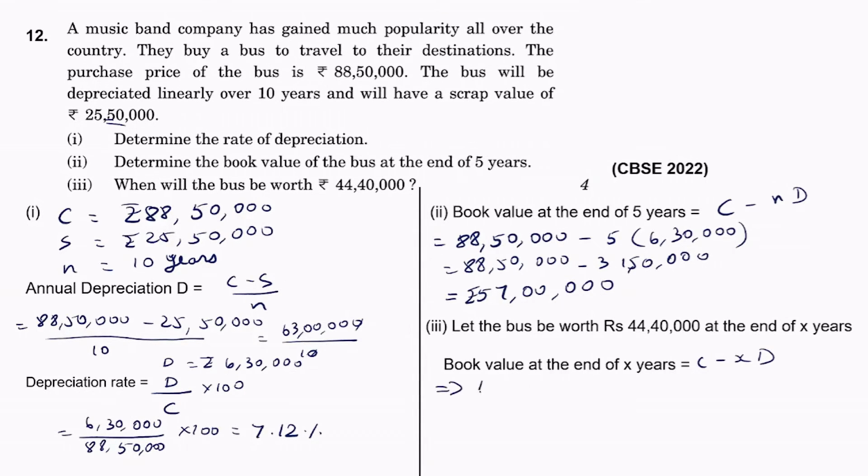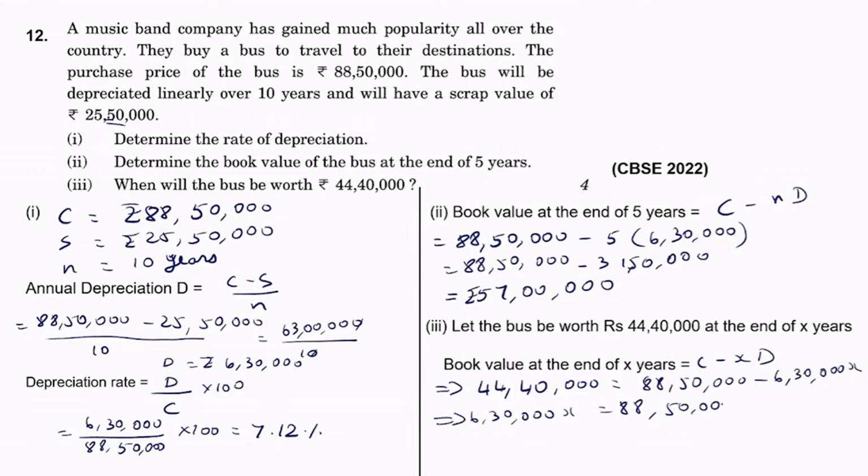So this implies 44,40,000 is equal to 88,50,000 minus 6,30,000 into X. So from this we have 6,30,000 X equal to 88,50,000 minus 44,40,000. So this is 44,10,000.